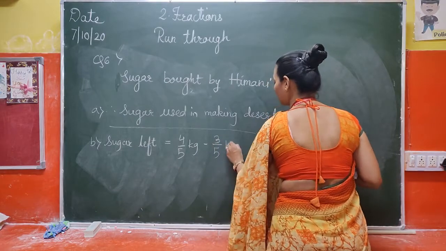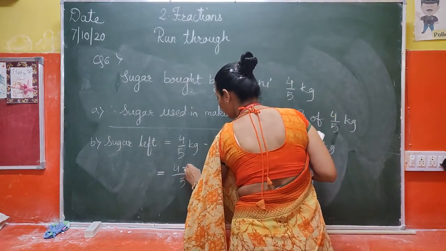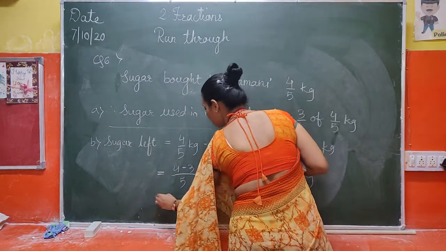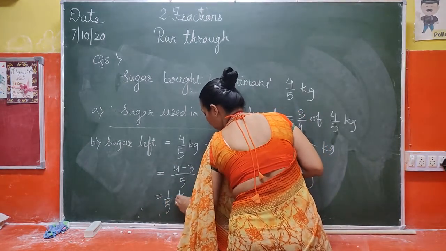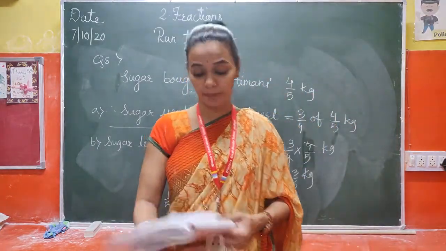Now these are like fractions, so I can subtract them directly. 4 minus 3, that is 1 by 5 kg. So the sugar remaining is 1 by 5 kg. Got it? So this is a really simple example.